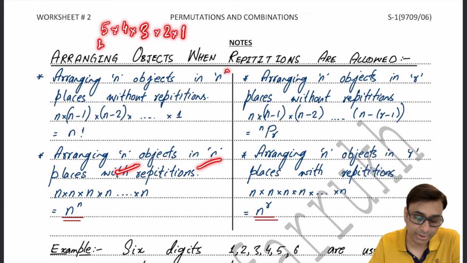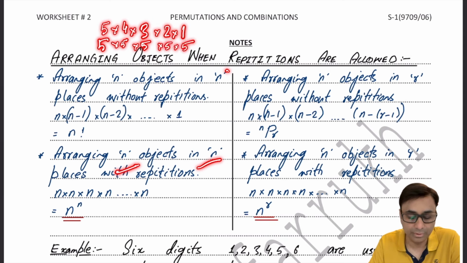Once you have placed the first object and you had 5 options for that, and when you start on putting in the next object, because the object that you have placed can be repeated, you still have 5 options. And then you put the next object, you still have 5 options, and then another 5 options. So the total number of options are going to be 5 to the power 5.